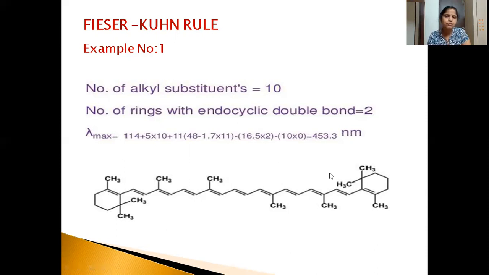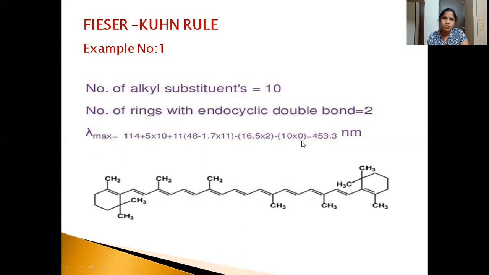Now we have to substitute all the values in the formula. 114 plus 5 into 10, where 10 is the number of alkyl substituents, plus n is 11, the number of conjugated double bonds. Then 48 minus 1.7 into n, and n is again 11 here, minus 16.5 into R endo, the number of rings having endocyclic double bonds, so we have taken 2 here, minus 10 into R exo.